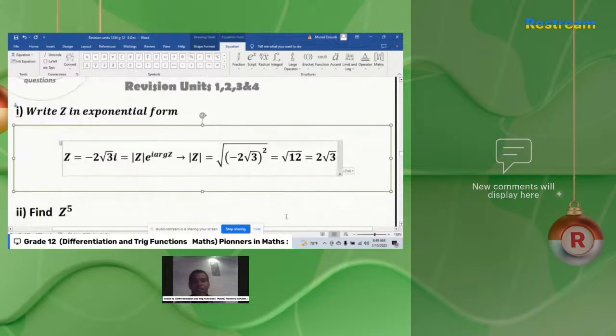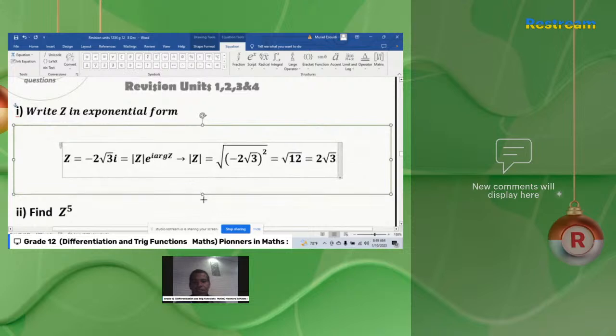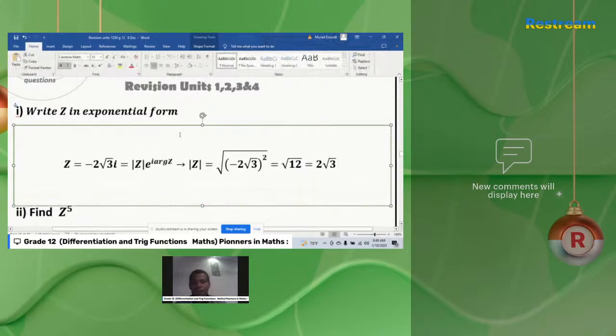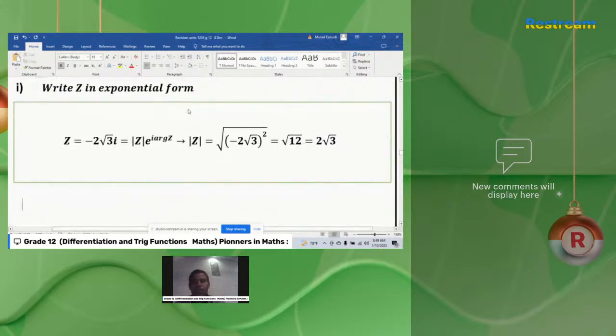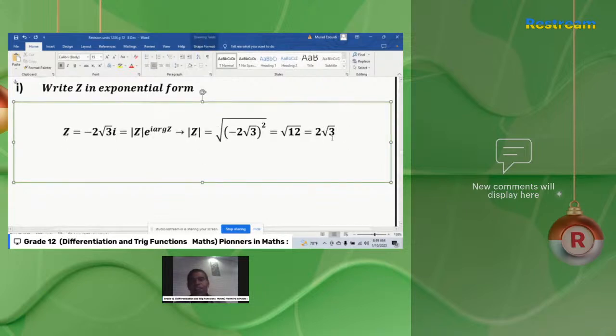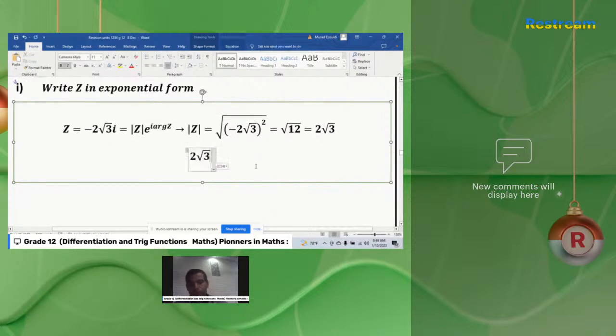Now I should find the argument of z, using the tangent. I will make theta first.